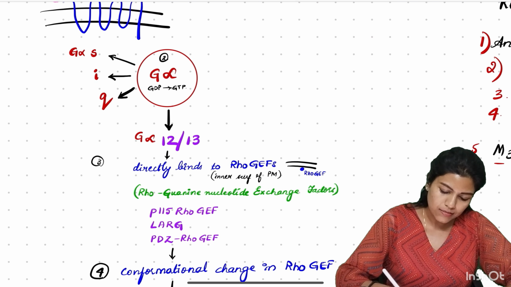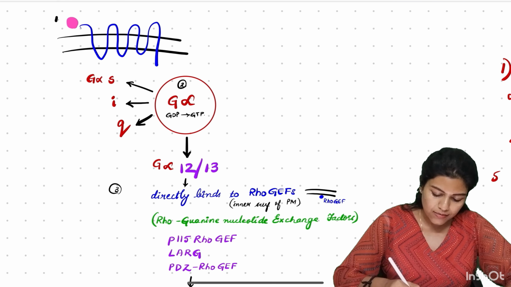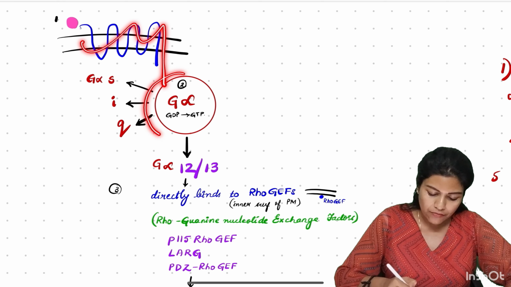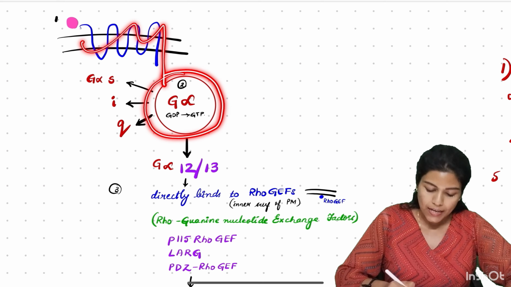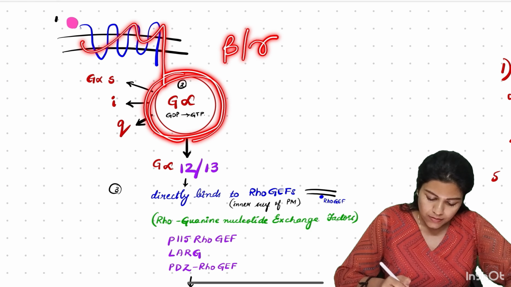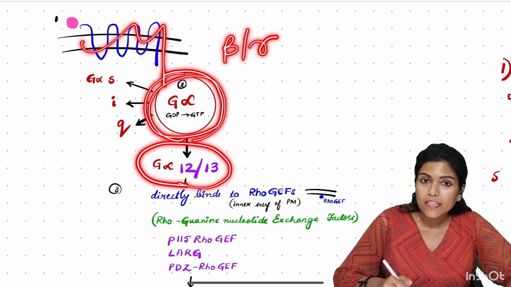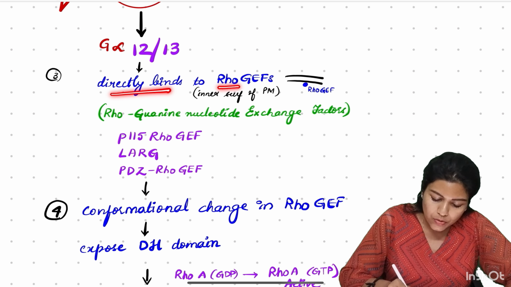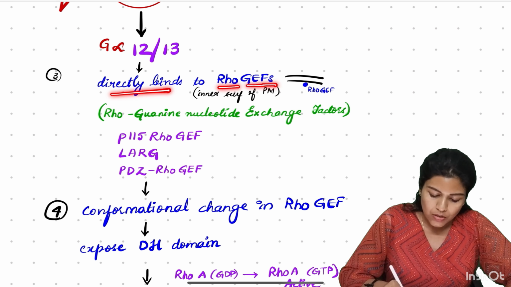So let's understand this 12/13 pathway in detail. Upon receiving the signal, the G alpha subunit got activated. It separated out from the beta gamma dimer. Now this particular G12 and 13 got activated. It will directly bind to the RhoGEFs.